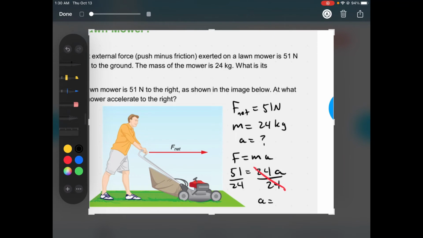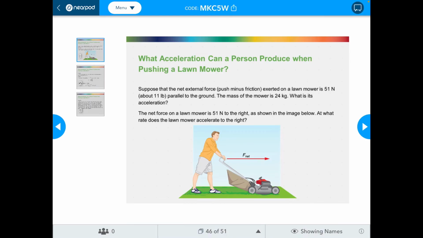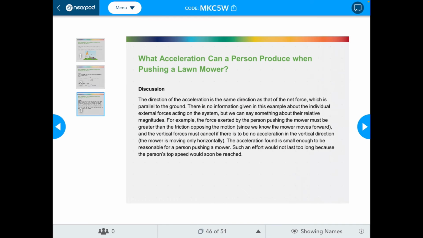That 51 divided by 24 is 2.125 meters per second squared. As long as everything's in our standard units, like newtons and kilograms, then our unit for acceleration is meters per second squared. And so there's their work for it as well. Same thing we got. So we're good there.